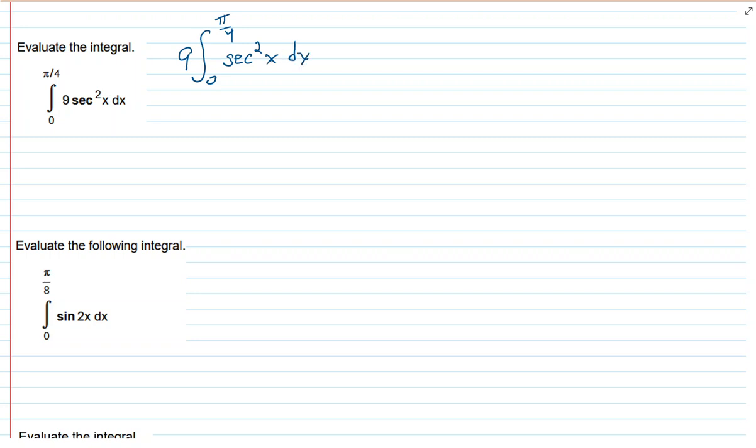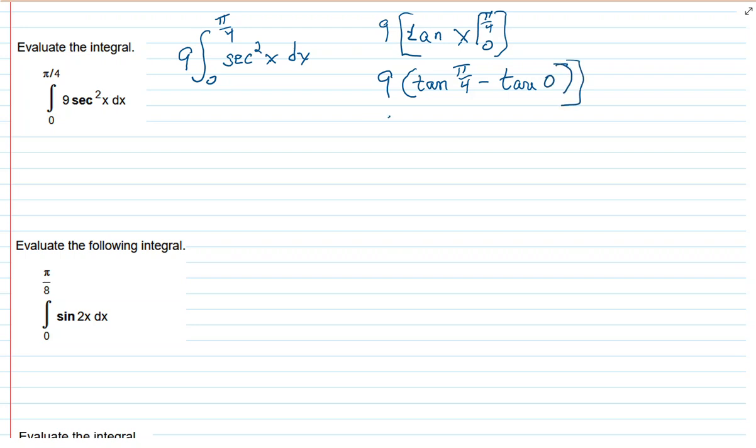And we look on the information sheet on the derivative of secant squared, and we get tan x, from 0 to pi fourths. So I'm going to have the 9 and the tan of pi fourths minus the tan of 0.